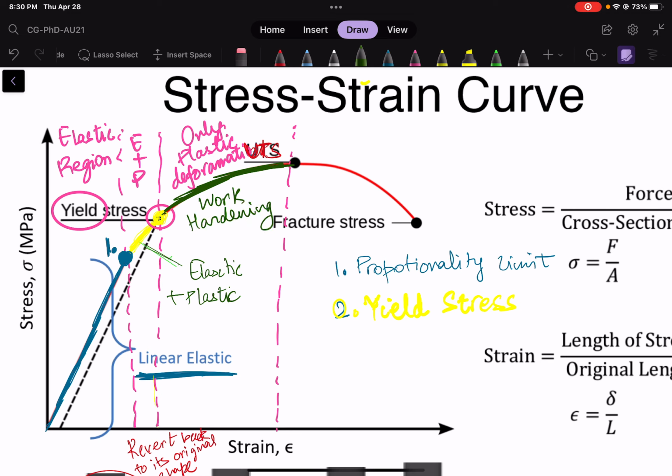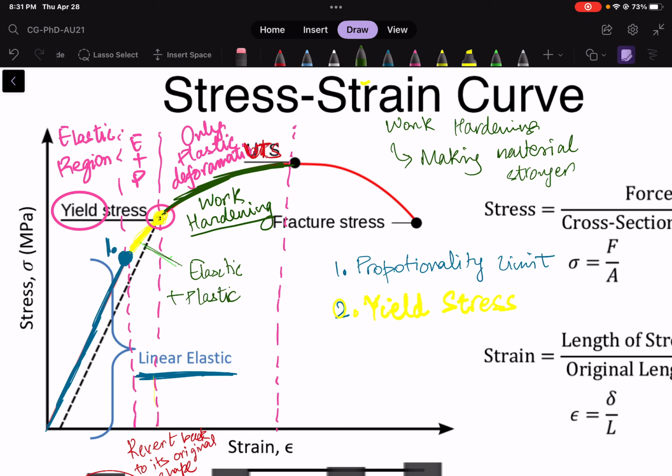And what is happening here is that you are making your material stronger. So the work hardening, also referred to as strain hardening, in some sense you are making the material stronger. And we'll soon look into how material becomes stronger.